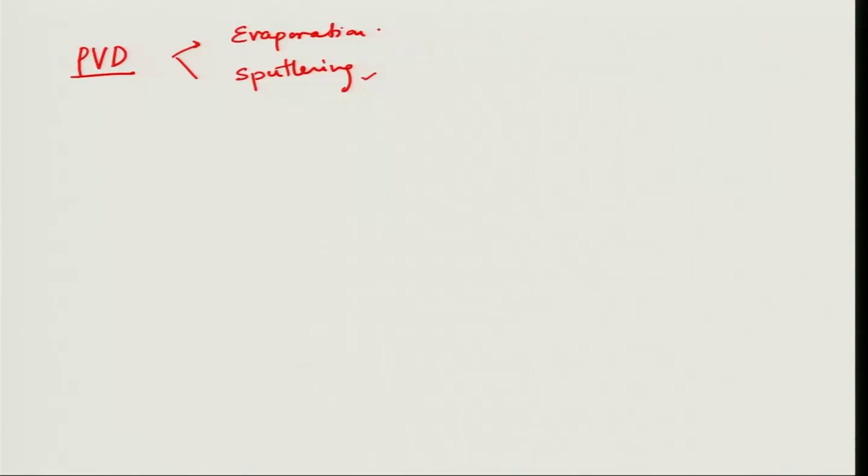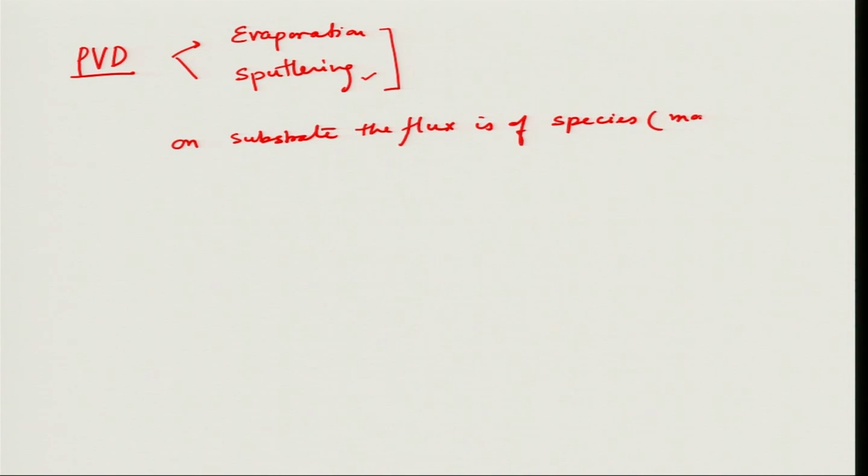In both these two processes, one thing is common: the flux on the substrate is of the species or material being deposited.